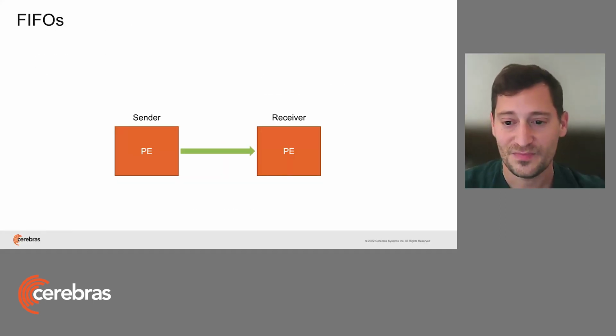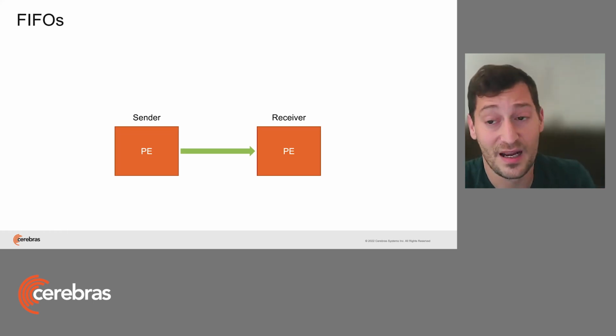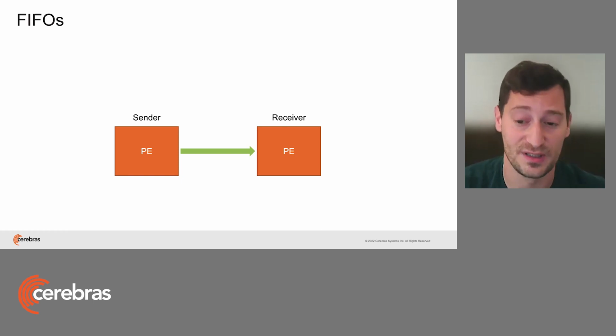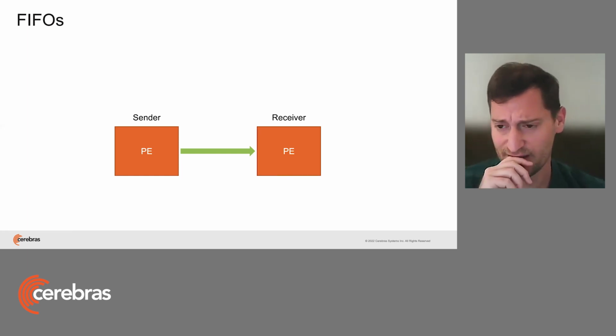So now I want to show you another kind of DSD called FIFO DSD. And I'll walk you through an example because it's better to understand this through an example.